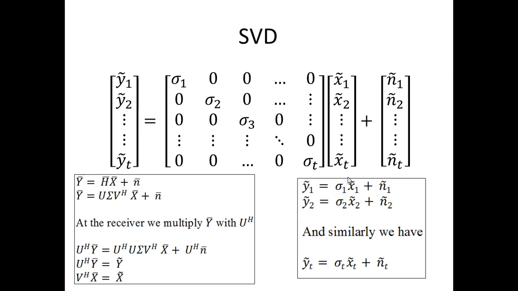After singular value decomposition takes place, we have the model of the entire system as Y1 tilde, Y2 tilde up to YT tilde as the received symbols at the receiving end, and X1 tilde, X2 tilde up to XT tilde as the transmitted signals from the transmitting end.